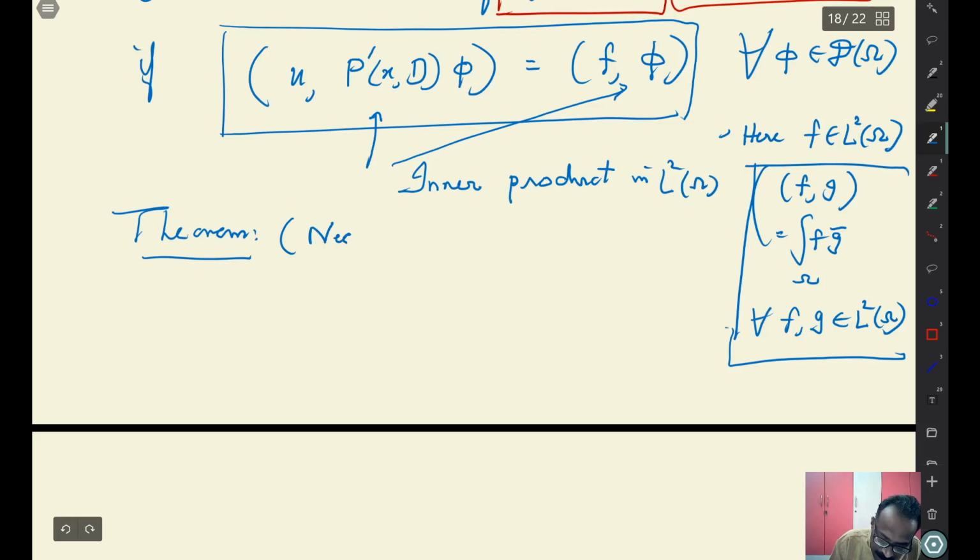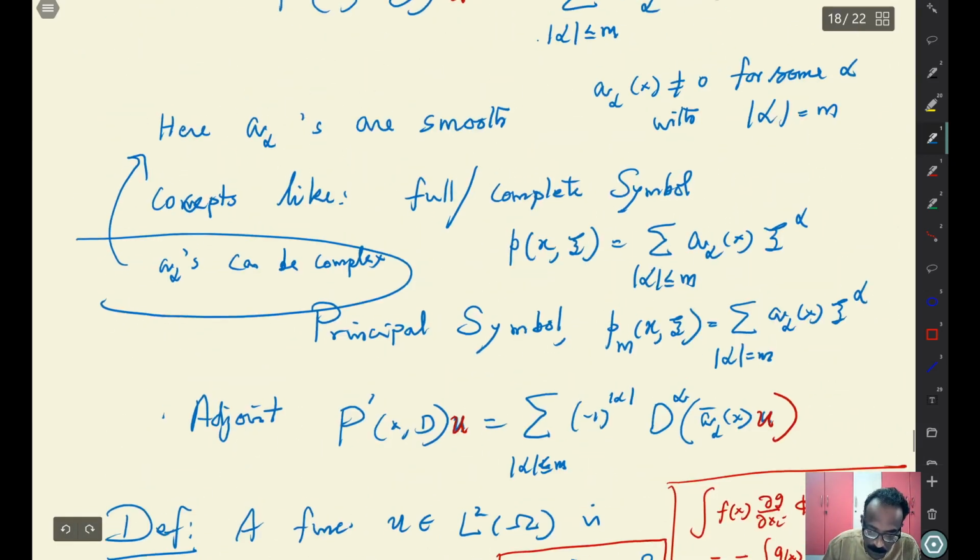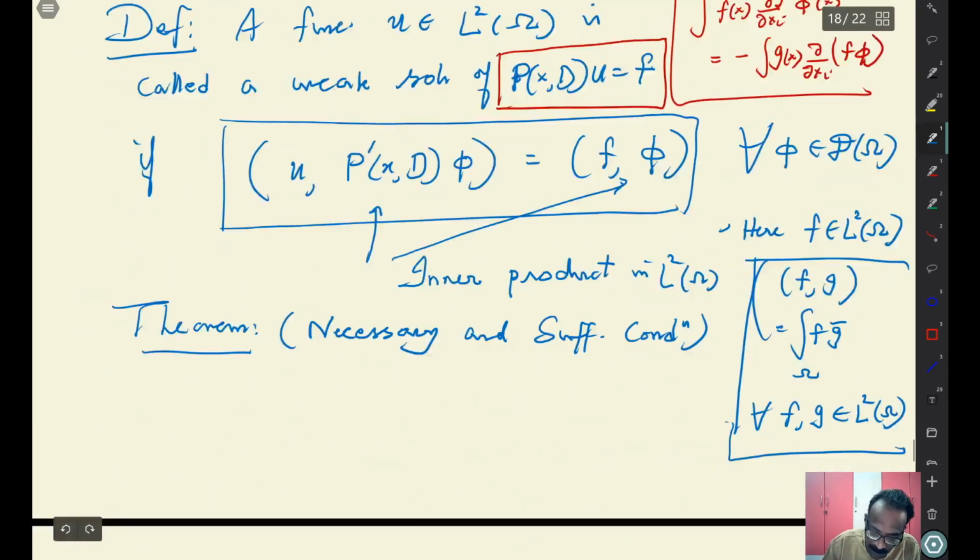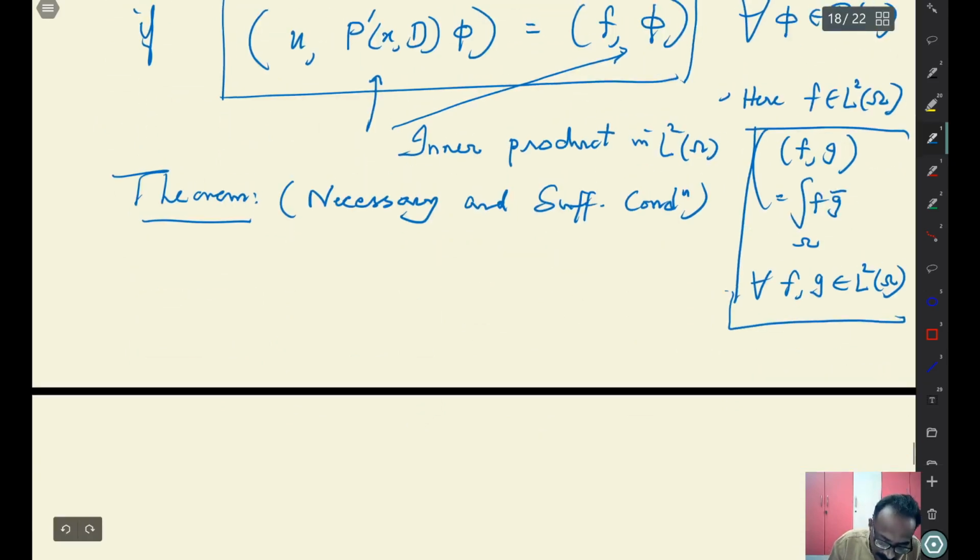Necessary and sufficient condition. P prime of xt of u equal to f.